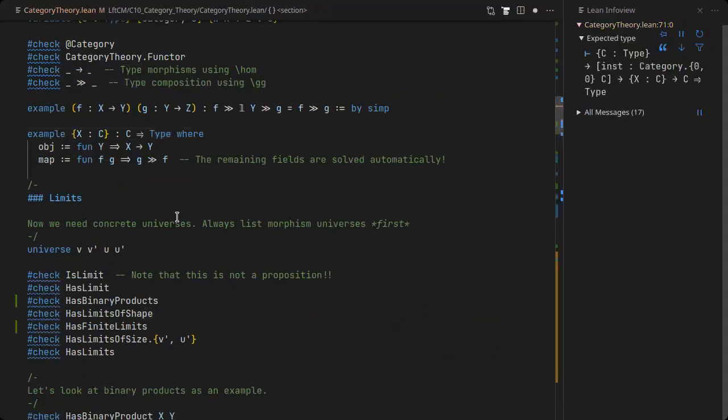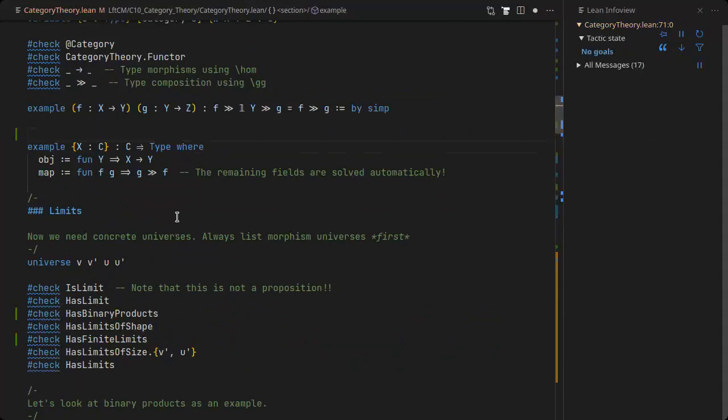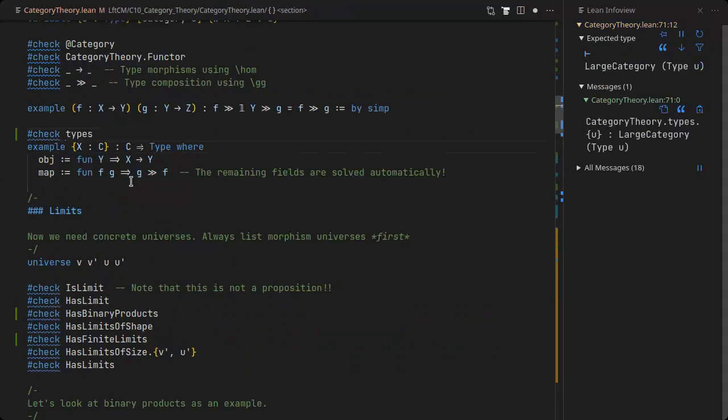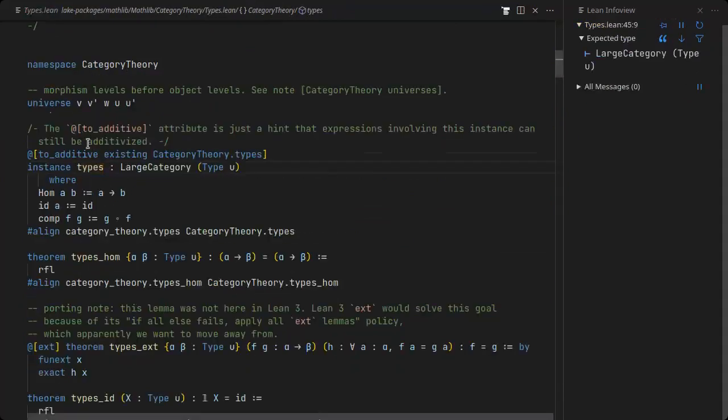So what's the relation between type and types? The small types was just the name of the instance. Usually when we define an instance, we don't even give it a name, and Lean will fill in the name of the instance automatically, but we don't really make sure that the instance names are actually nice, because they're hidden by default.